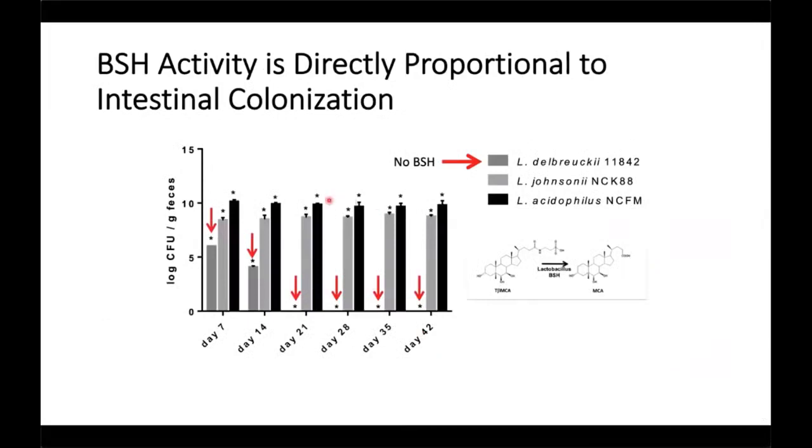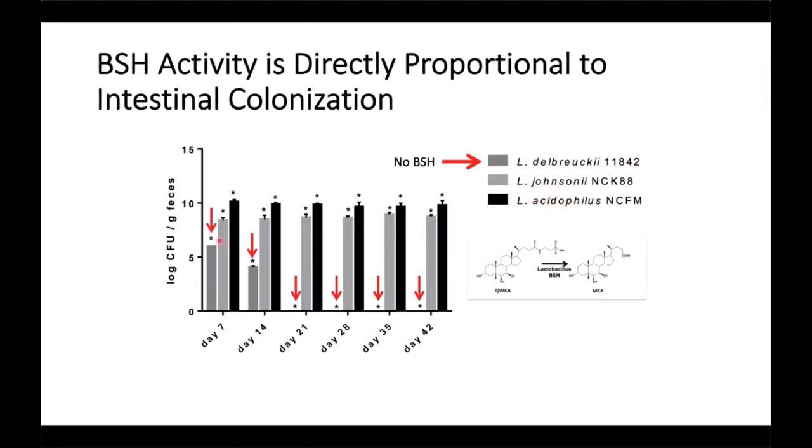Now, as I mentioned, BSH activity is really important for intestinal colonization and GI persistence. In this case, what we did was we colonized mice with different types of bile salt hydrolase active bacteria. In this case, L. delbrueckii 11842 that does not have BSH, compared to L. johnsonii or L. acidophilus.